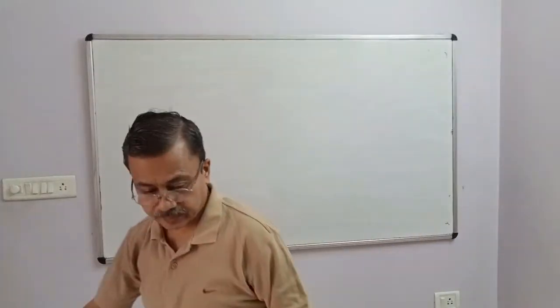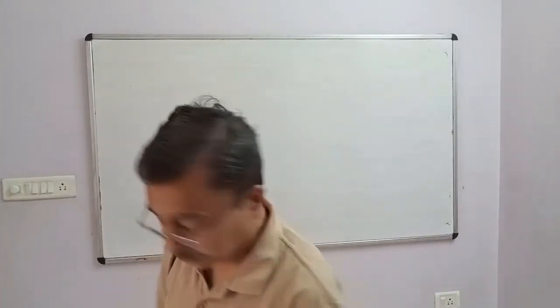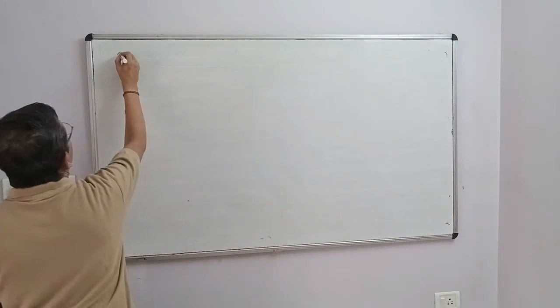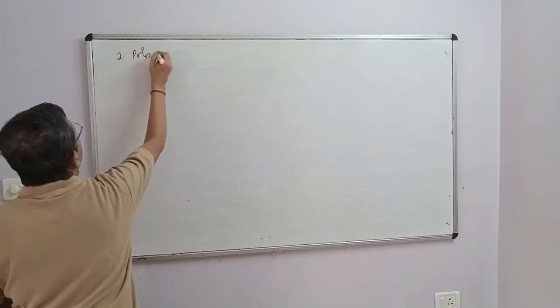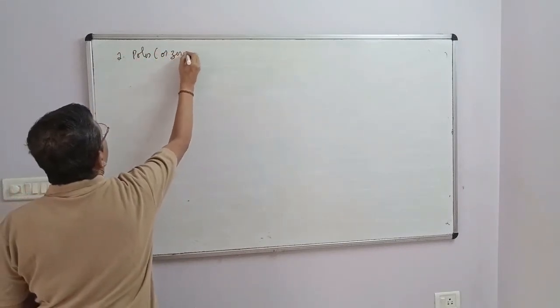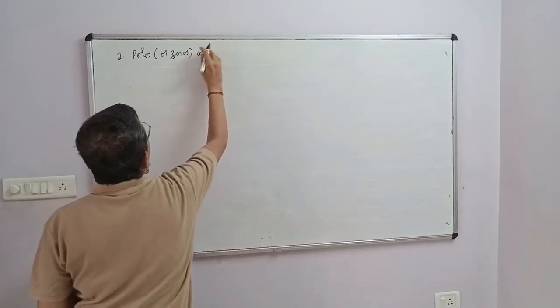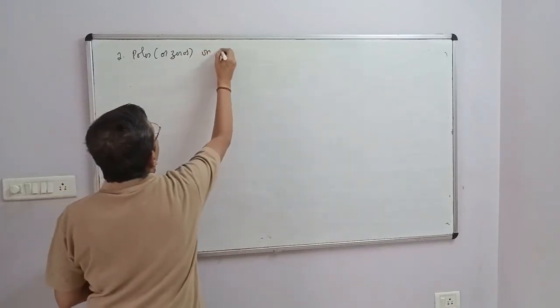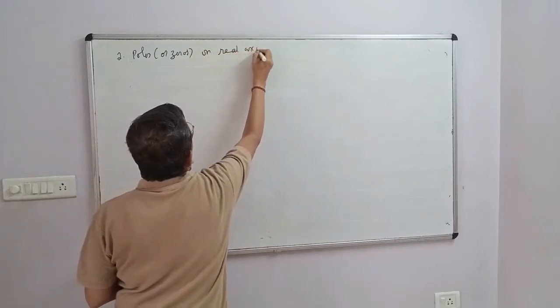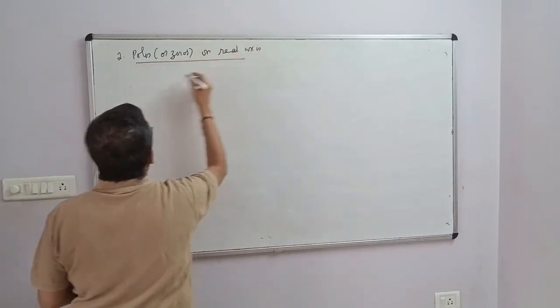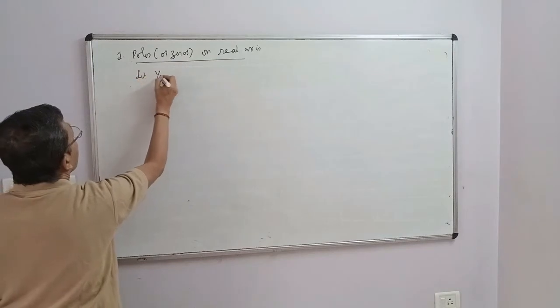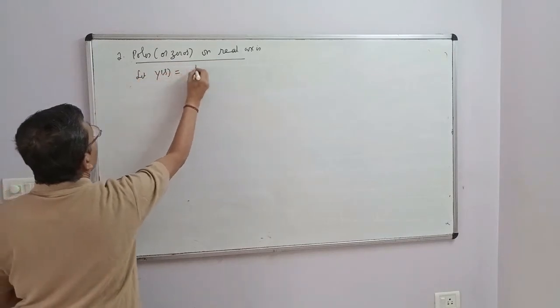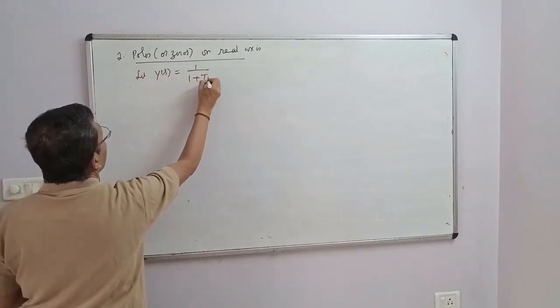Next case. Second one, poles or zeros on real axis. Let y of s be equal to 1 over 1 plus T1 s.